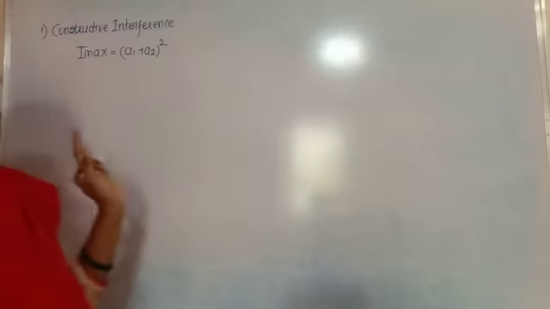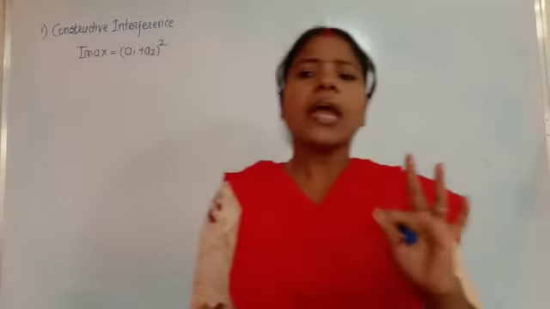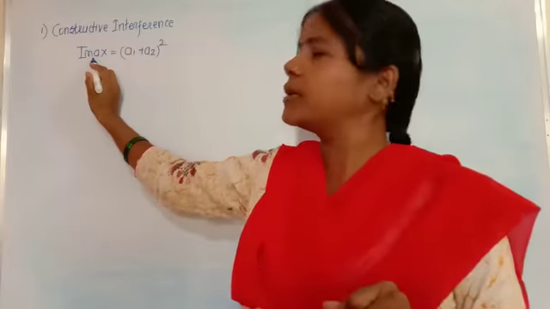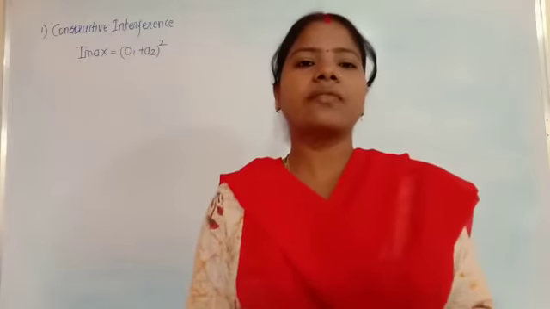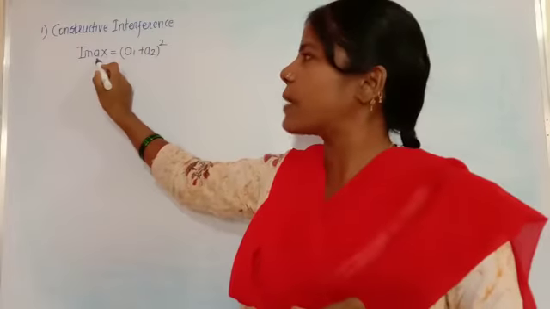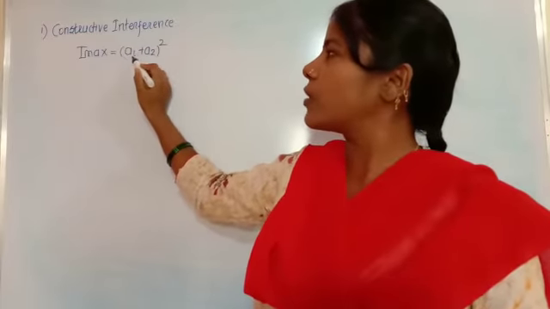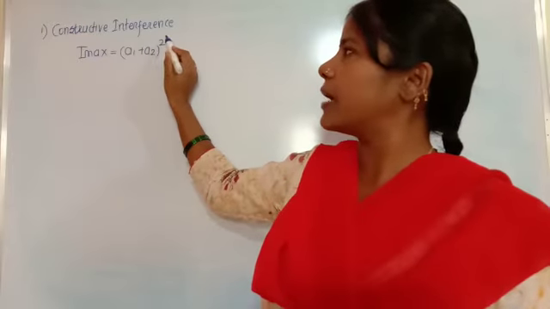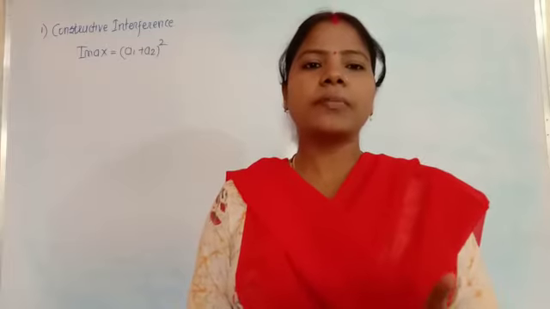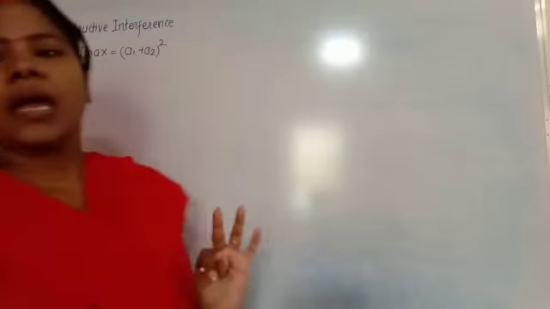When the intensity is maximum, the point appears bright. So this is known as constructive interference.